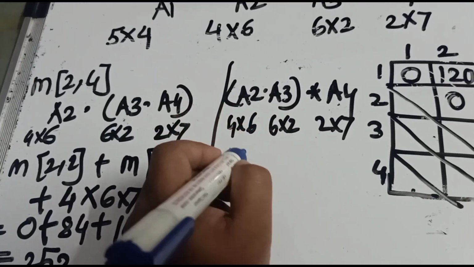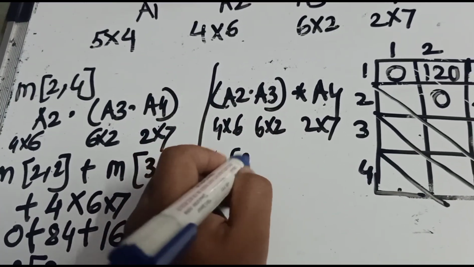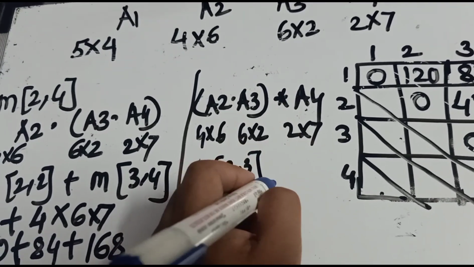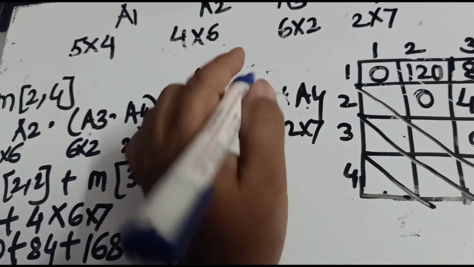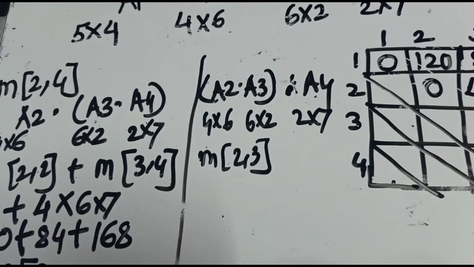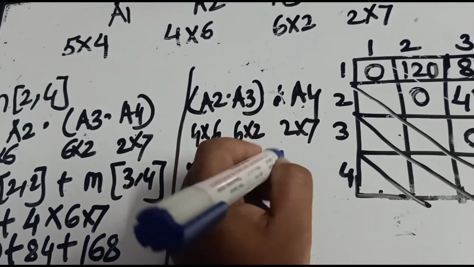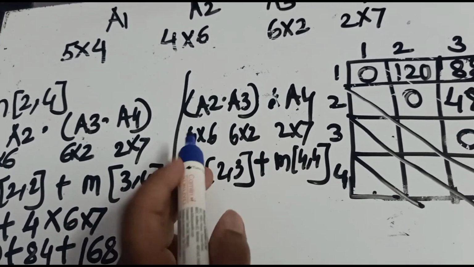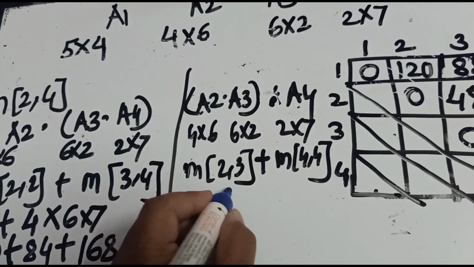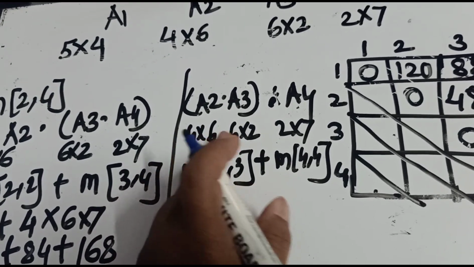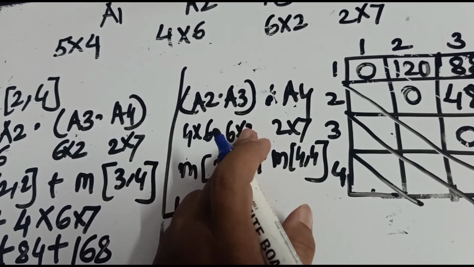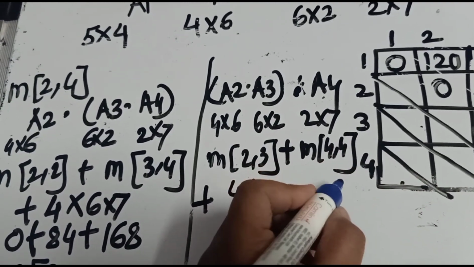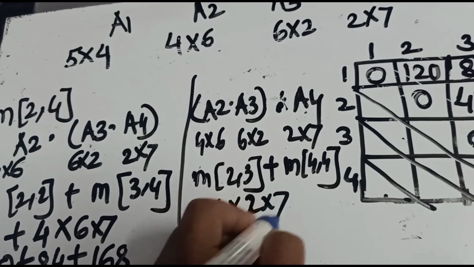So M of 2 comma 3, A2 into A3, plus M of 4 comma 4, plus 4 into 2 into 7.